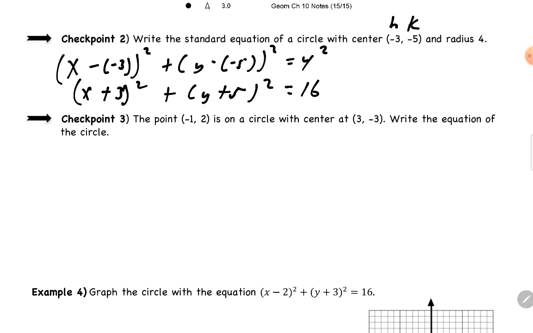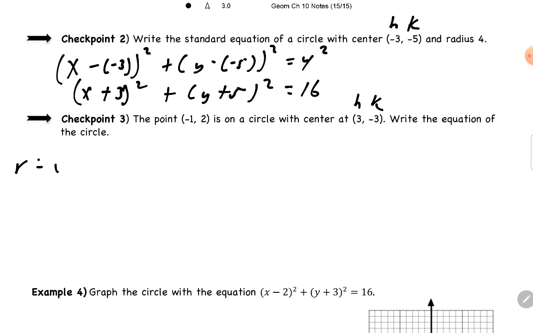Checkpoint 3. -1, 2 is on the circle with center at 3, -3. Okay, write the equation of the circle. So we have an h, k, and we need to find the radius.